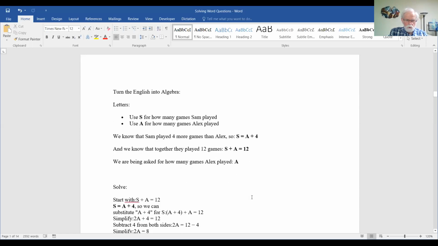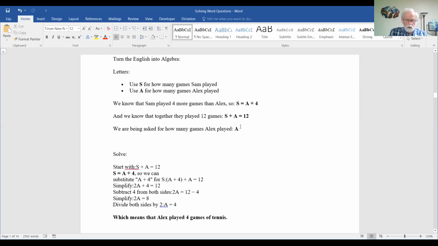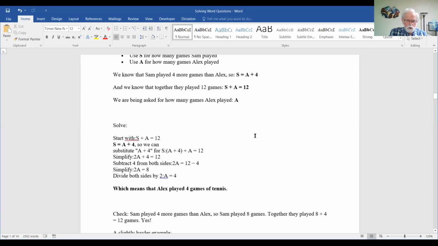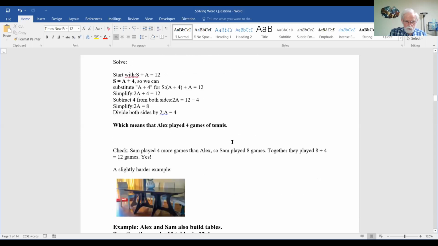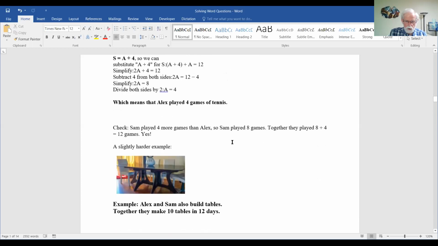So what we do is we substitute. We know that Sam is Alex plus 4, so we simply substitute A plus 4 into the second equation. So we get A plus 4 plus A equals 12. So we already went through that. We know that Alex played 4, and therefore Sam played 8. Make sense? Yeah.